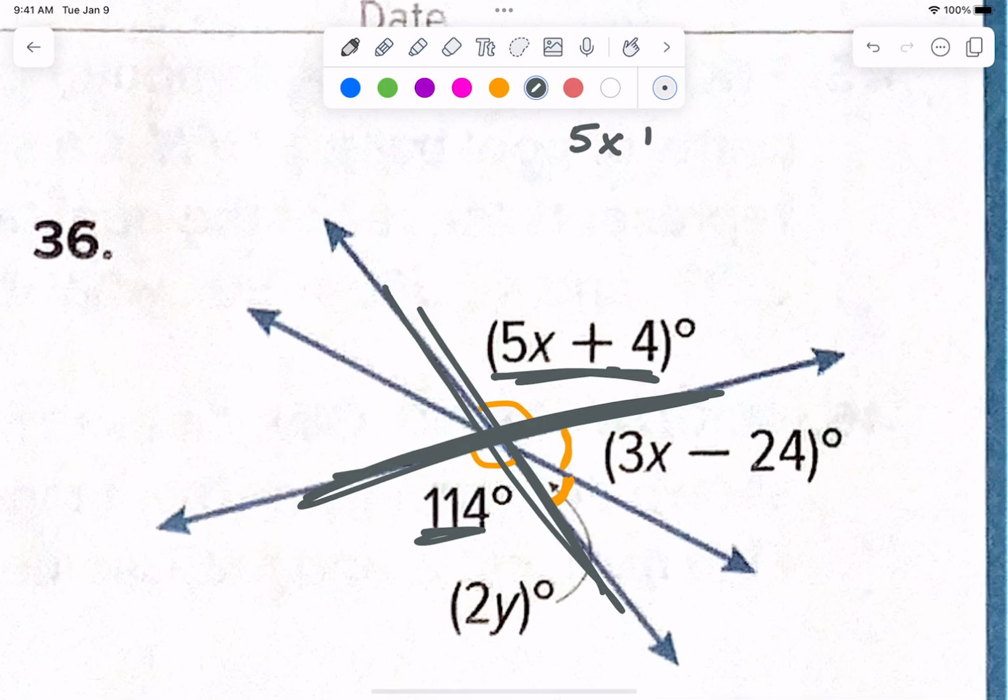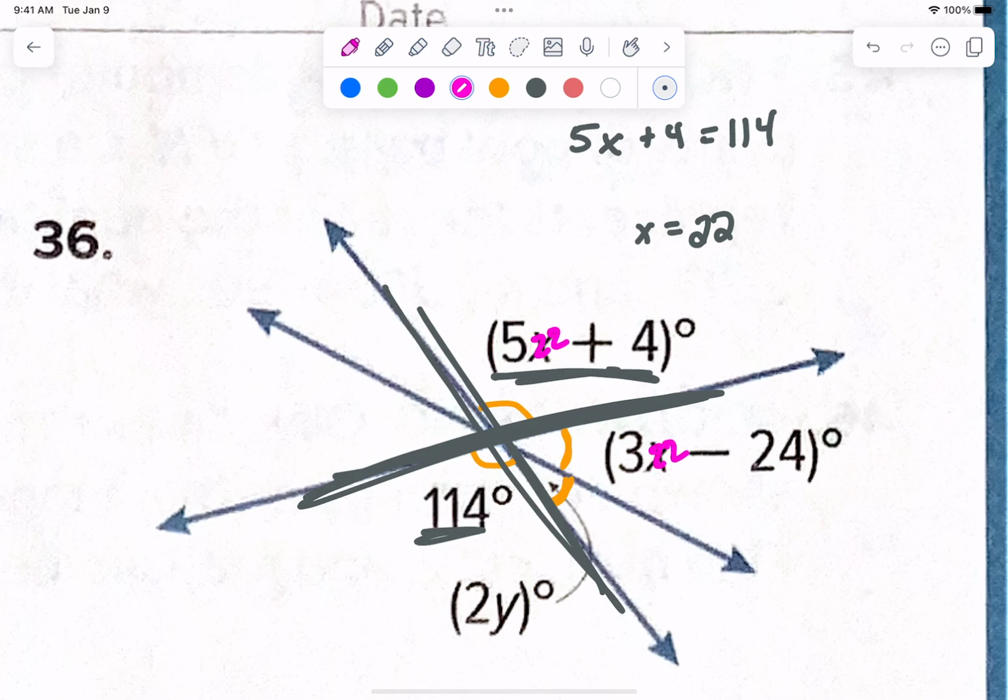Okay, solve for x. X is 22. Yep. Okay, let's plug x back into everywhere it is.